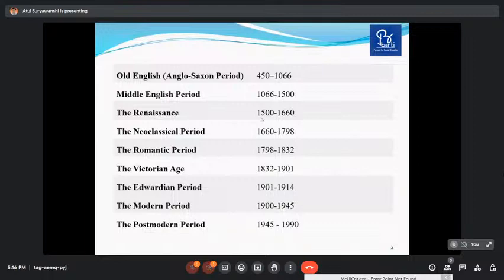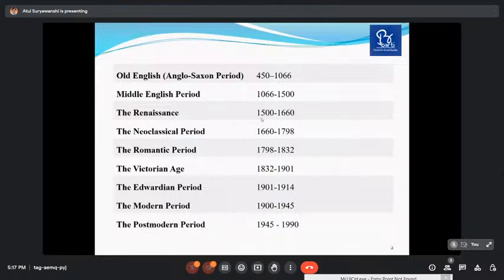After that, the next period is the Middle English period, which is the medieval period. The time duration was 1066 up to 1500. So it was the middle period of English. Medieval English was used during this time.